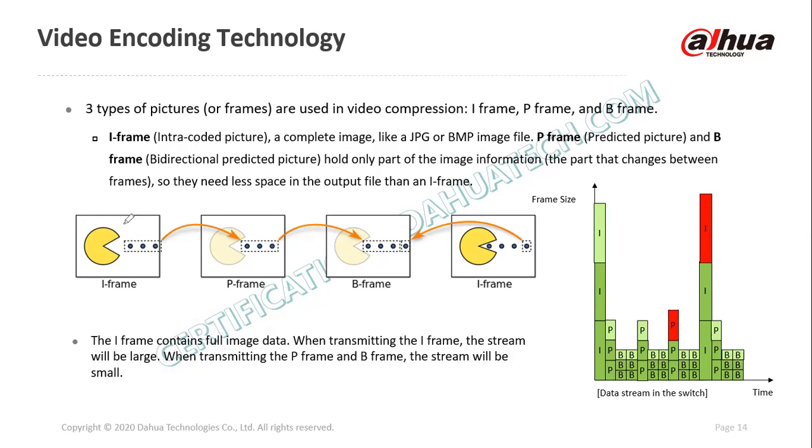An I frame is a complete picture. For a P frame, because we are doing compression, in this picture this is the one that is moving, so it will predict that this part is not moving and will not compress it, leaving it.